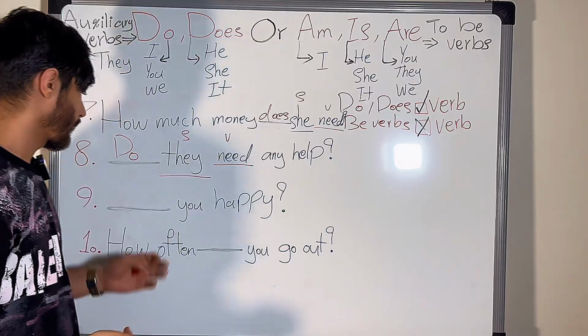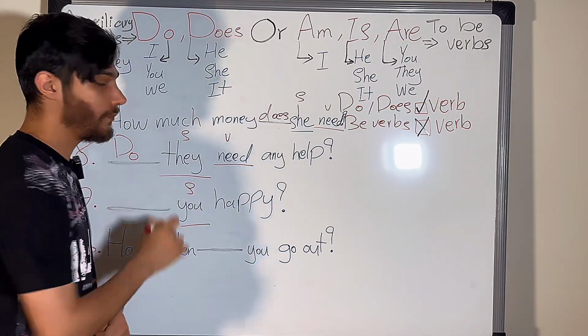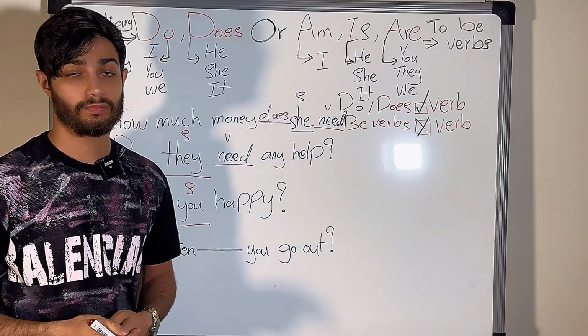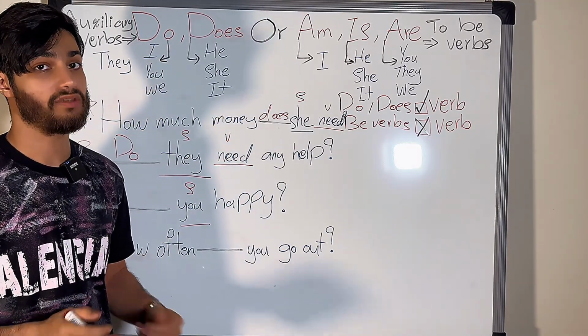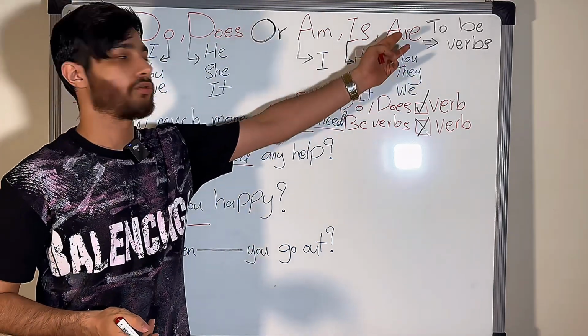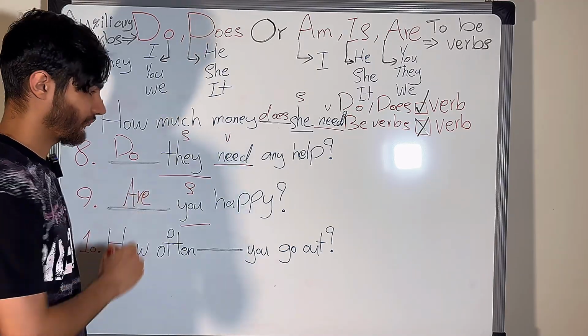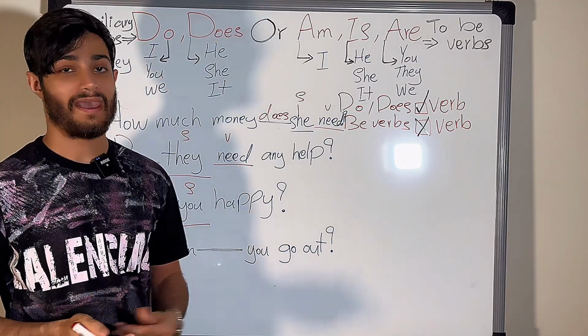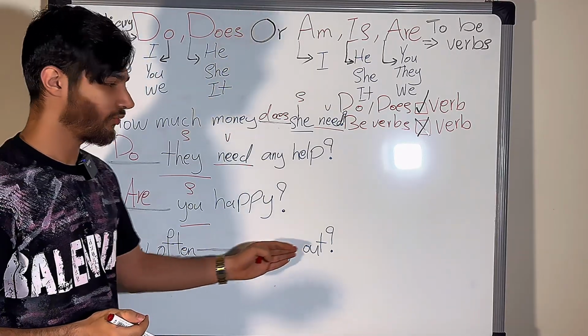Next one. You happy. My subject is you. And do I have a verb? No, I don't have. So I have to use be verbs. Because I have you, I should use are. Are you happy? And the last one, how often you go out.